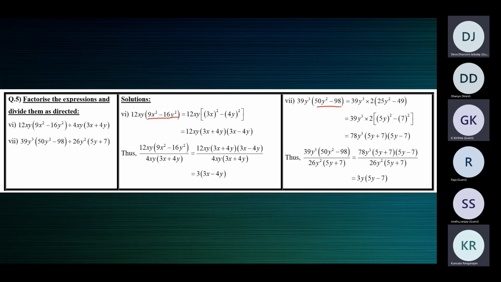That means they have something in common. Bring out the common factor. When you do that, they'll become perfect squares. So when you take out 2 common, 50 and 98 become perfect squares, 25 and 49. So take out 2 common and then express them in the form a square minus b square, a plus b into a minus b.